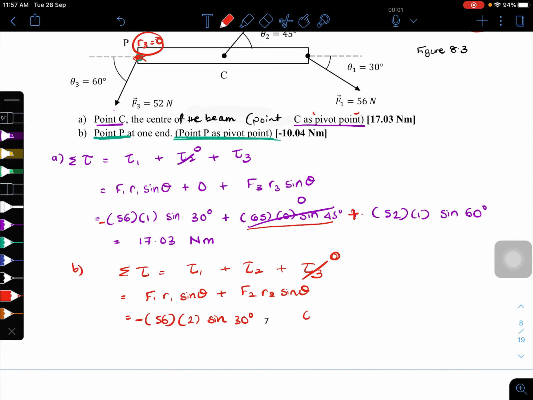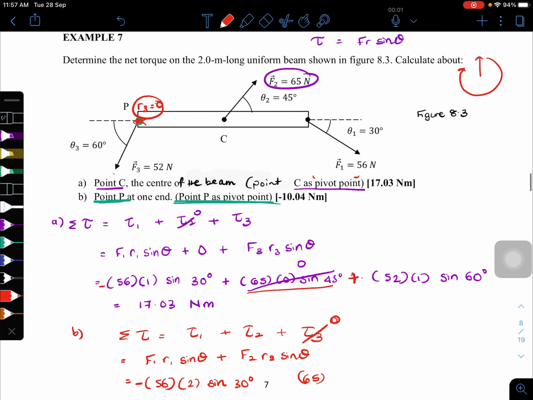So this one would be 65, and then the R would be from here, tempat force tu kepada pivot you, iaitu ni tengah-tengah kan. So ni would be 1 meter lah. And then the angle between your R, this is your R, this is your F kan. It will be 45. Okay, 45.